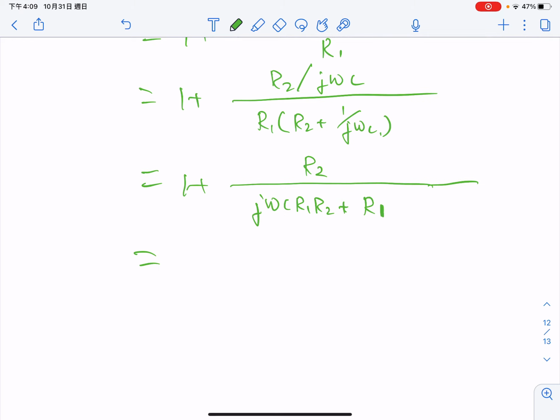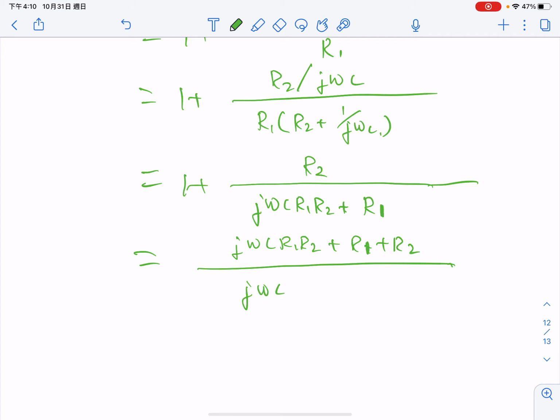And we can just rewrite these equations. This one will become j omega C R1 R2 plus R1 plus R2, right? And the denominator will be j omega C R1 R2 plus R1, right?